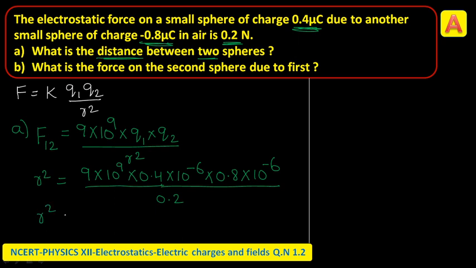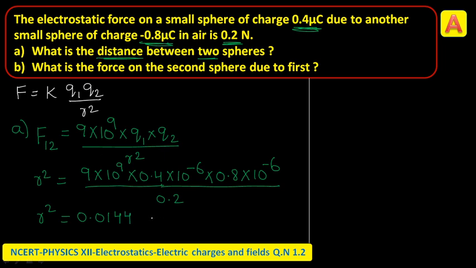Now R square, finally after cancellation, we will get R square as 0.0144.